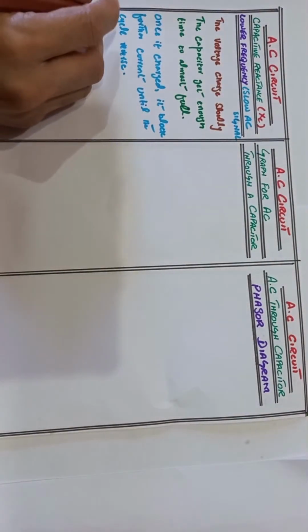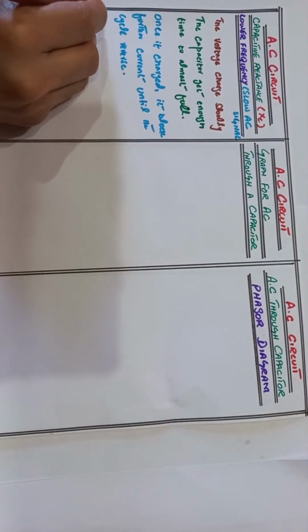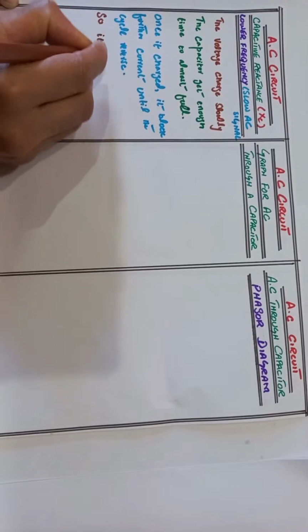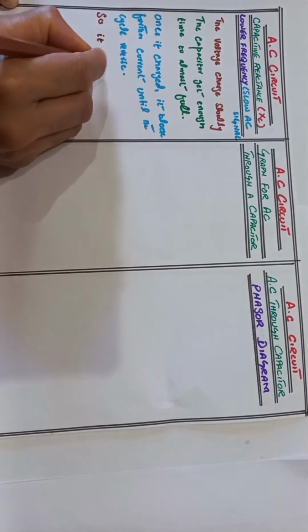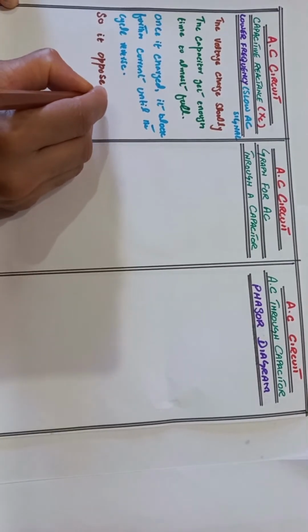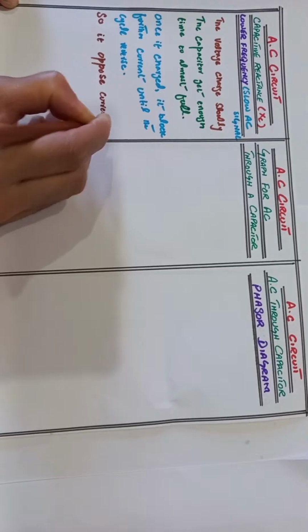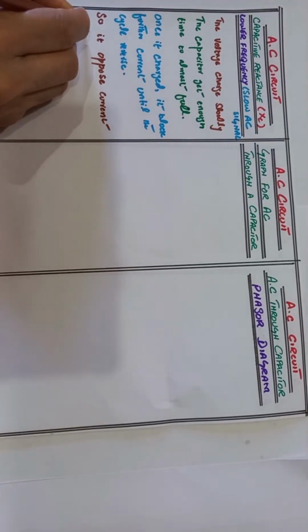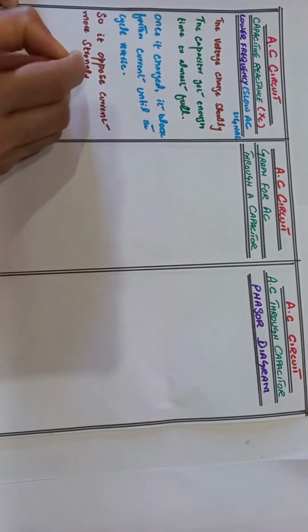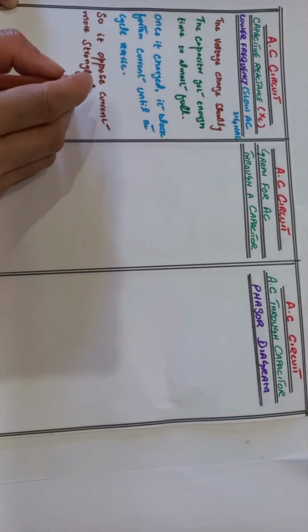So here we write that when the low AC signal is applied to the capacitor, the capacitor opposes current more strongly.